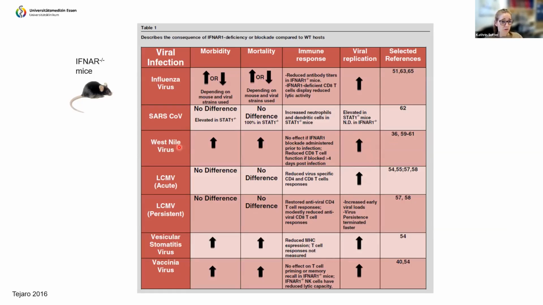And you also see, like here in West Nile virus, that the mortality and the morbidity is increased when this receptor is missing. The same holds for vesicular stomatitis virus or Vaccinia virus, indicating the importance of the type 1 interferon cytokine family for the protection against different viruses. So that's really important.